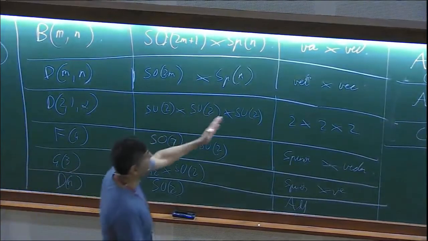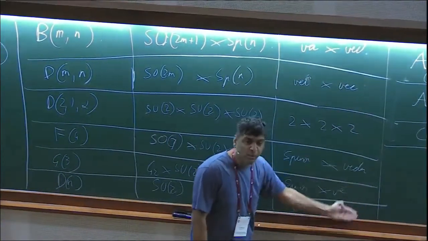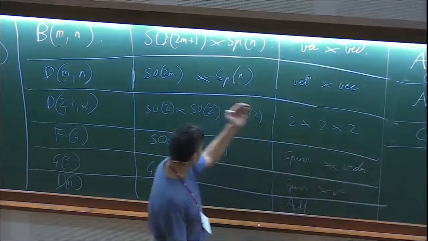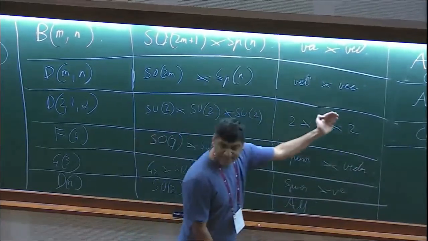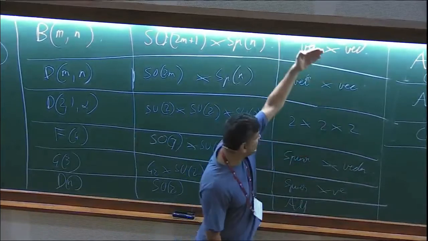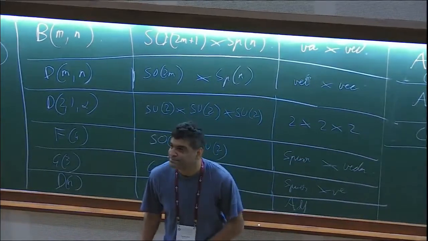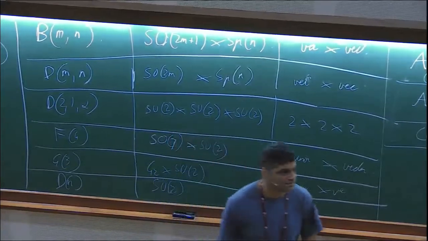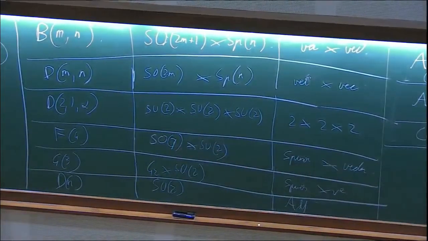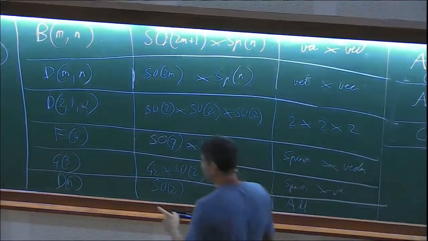This does not include the supersymmetries. What I've told you here is in what representation of the bosonic subgroup the supersymmetries transform. So these are the supersymmetries. Is this clear? Excellent.